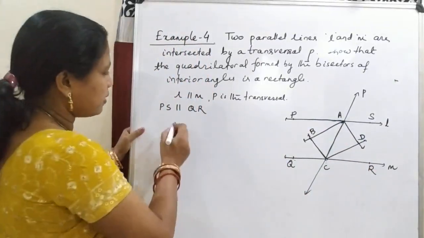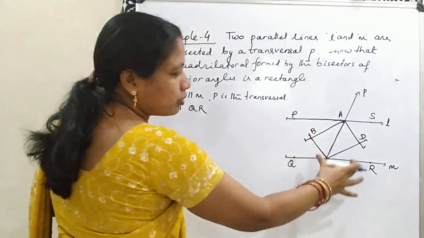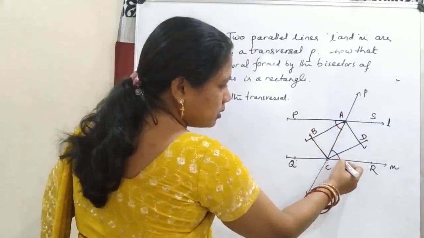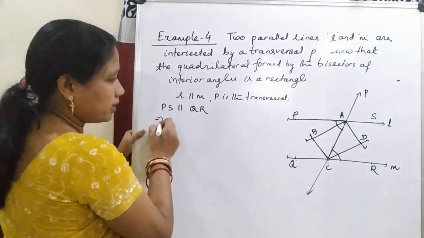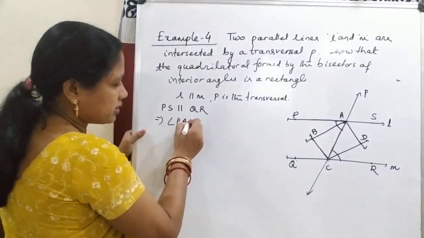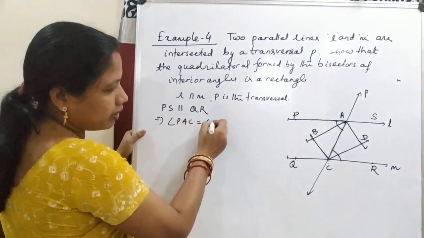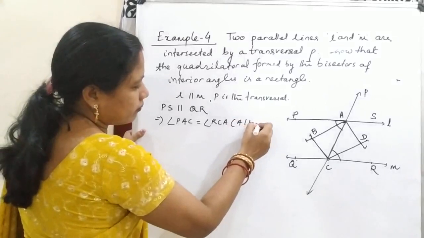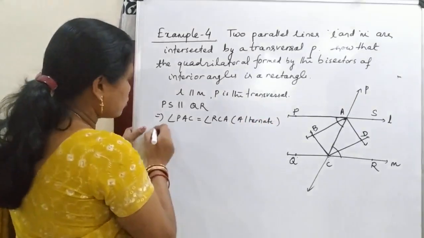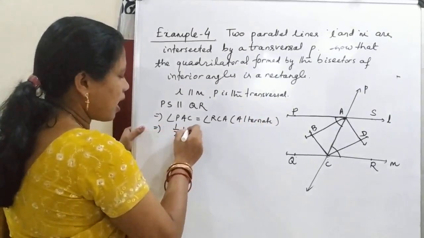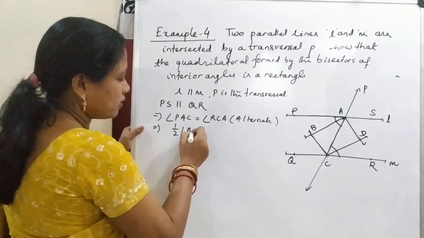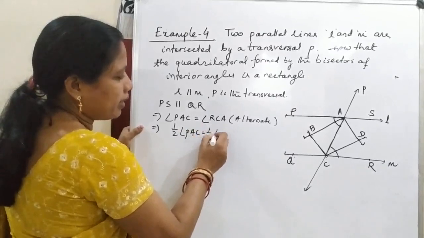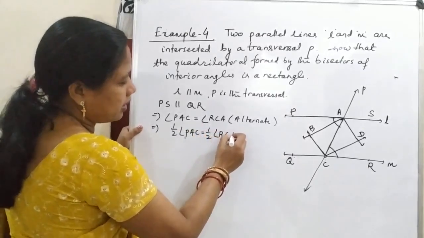Here it is given that PS is parallel to QR. So this angle is equal to this angle. This implies angle PAC is equal to angle RCA, alternate angles. So half of angle PAC is equal to half of angle RCA.